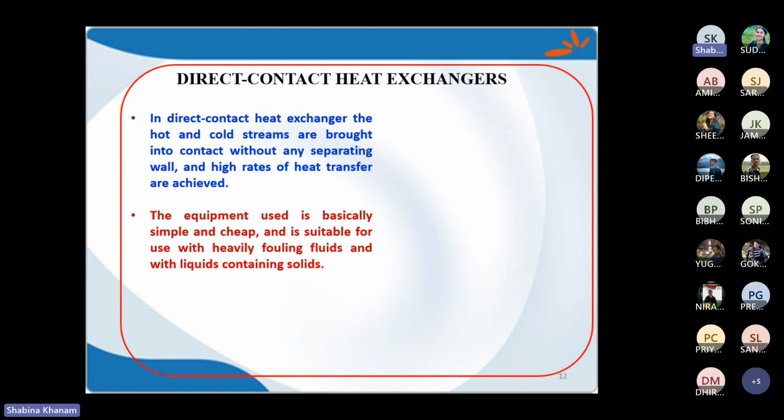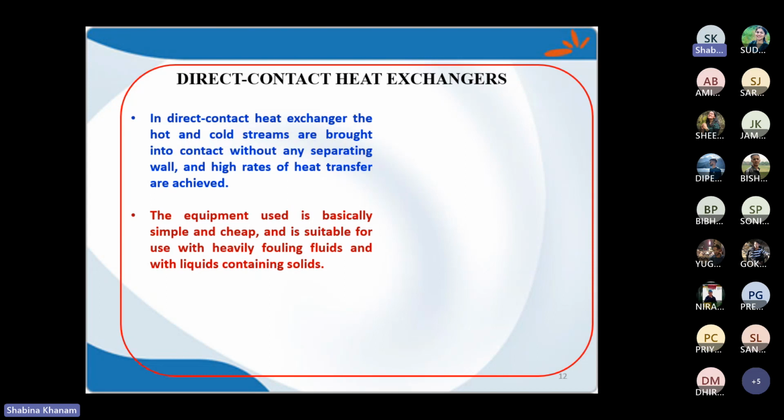The equipment used is basically simple and cheap and is suitable for use with heavily fouling fluids and liquids where solids are involved. Heavy fouling fluids means fluids which have more fouling tendency. Wherever I have the heating surface or the separating wall, fluid fouling will occur there only.